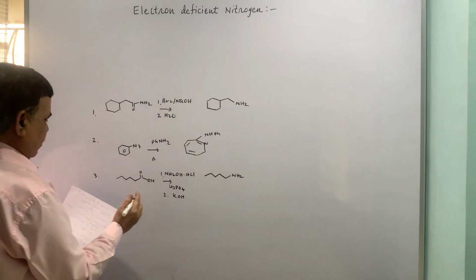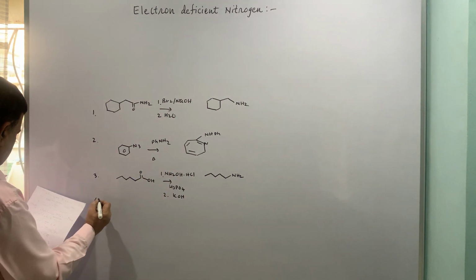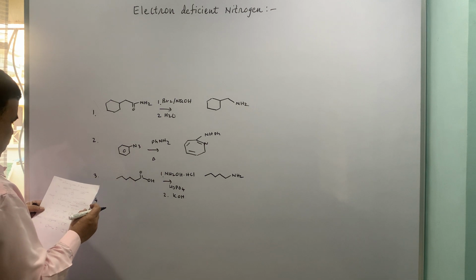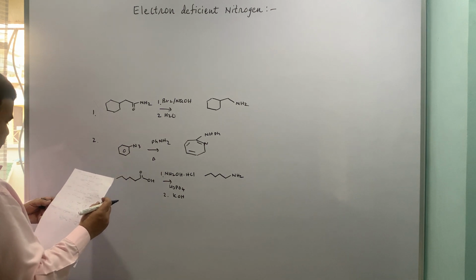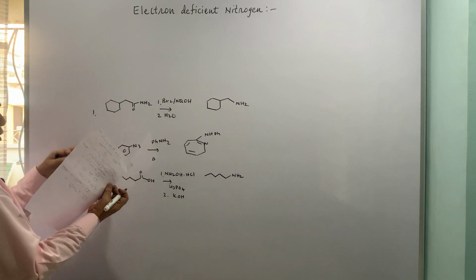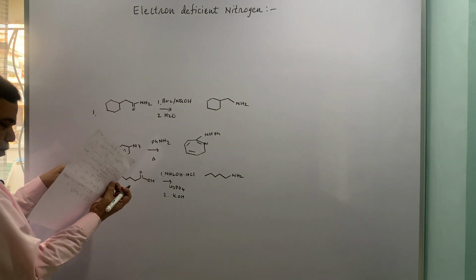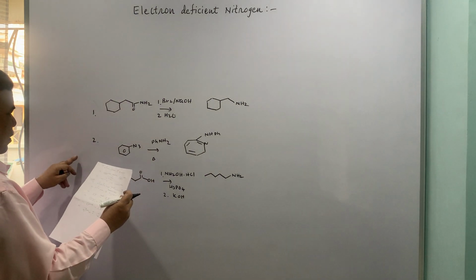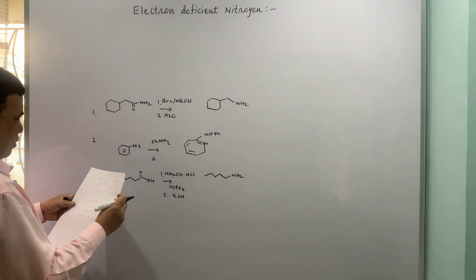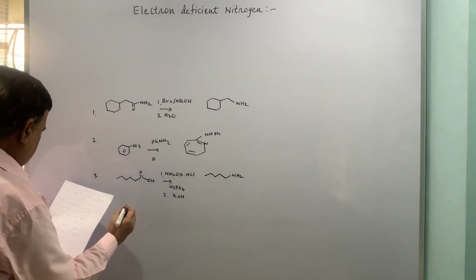Just write down and we'll check the carbon numbers. 3, Hofmann, Curtius, Lossen, then Schmidt.